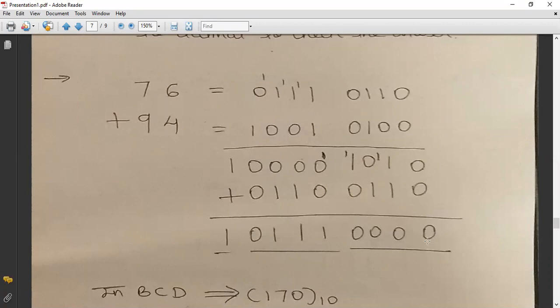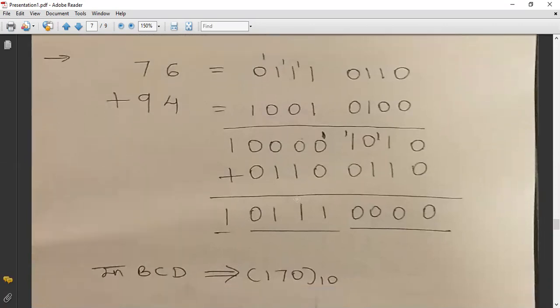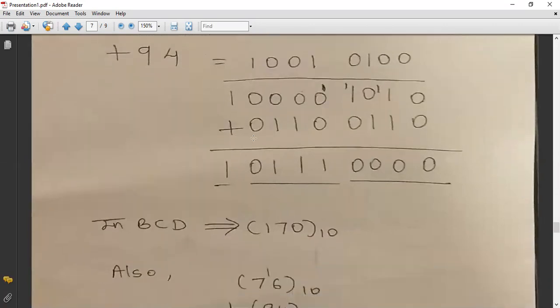So 0 plus 0 is 0, 1 plus 1 is 0, carry over 1. 1 plus 0 is 1, 1 plus 1 is 0, carry over 1. 1 plus 1 is 0, carry over 1. 0 plus 0 is 0. 1 plus 0 is 0, 0 plus 1 plus 0 is 1, and 1 plus 0 is 1. 0 plus 1 is 1, 0 plus 1 is 1, 0 plus 0 is 0, and this is 1. So what result have we obtained? We have obtained 10111 followed by four 0s.